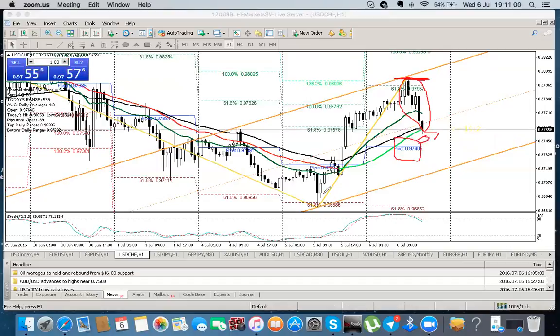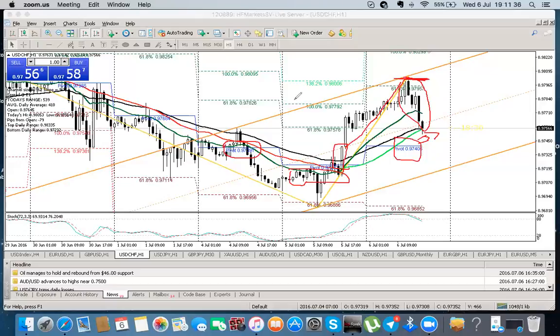Yesterday the market was below the pivot point, but it broke strongly from the pivot and continued rallying. So pivot points are very important, basically a good support and a good resistance, and it can be both.